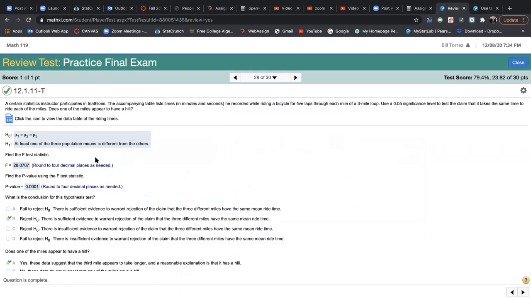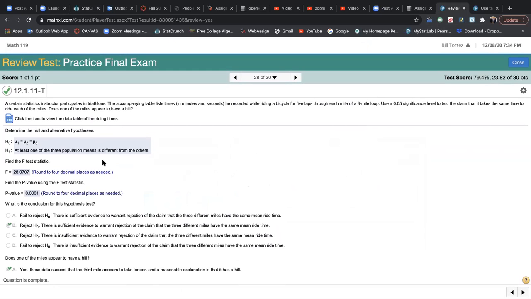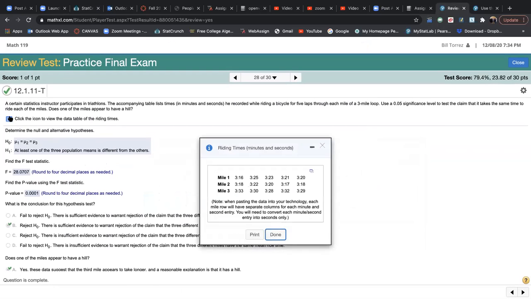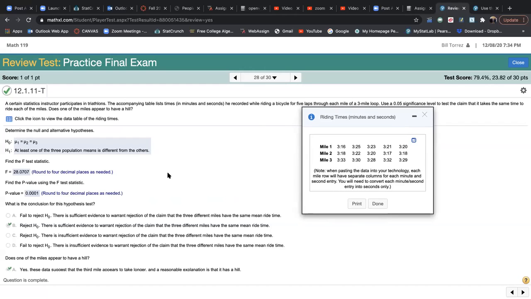Let's first determine the null. The null is that the three population means are equal against the alternative that at least one of the three population means is different from the others.